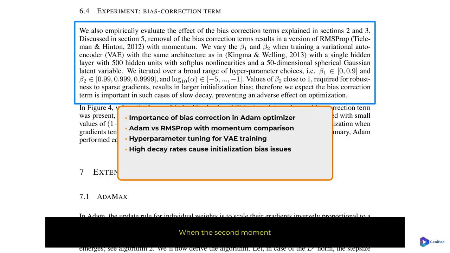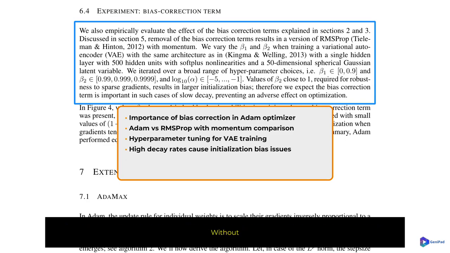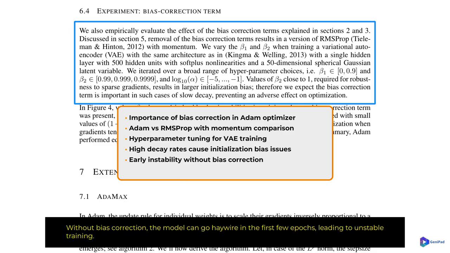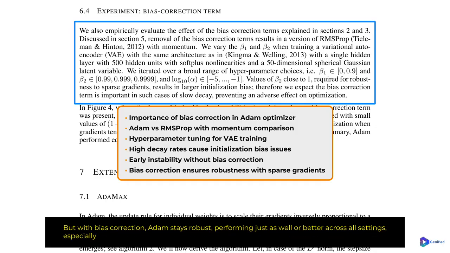When the second moment decay rate is set close to 1, which is needed for handling sparse gradients, the initialization bias becomes a big problem. Without bias correction, the model can go haywire in the first few epochs, leading to unstable training. But with bias correction, Adam stays robust, performing just as well or better across all settings, especially as gradients thin out later in training.